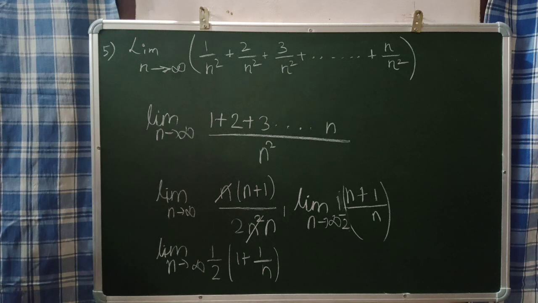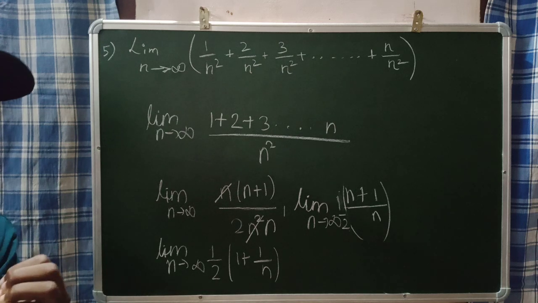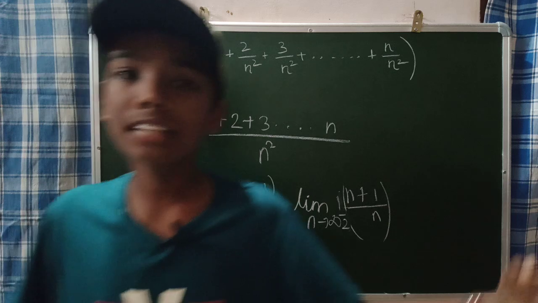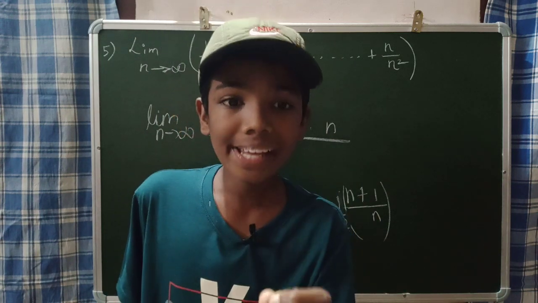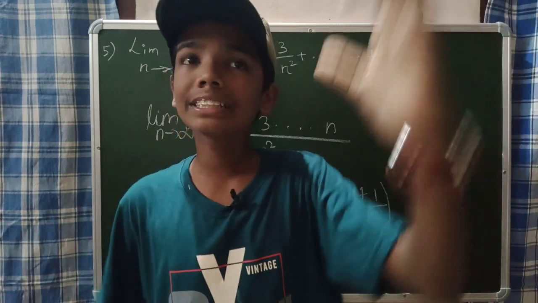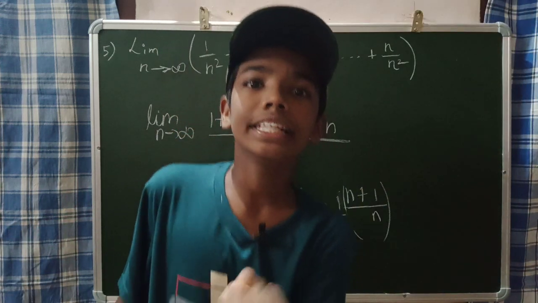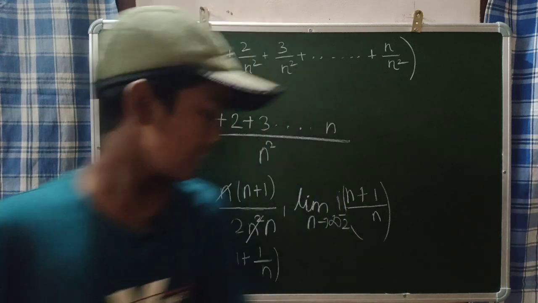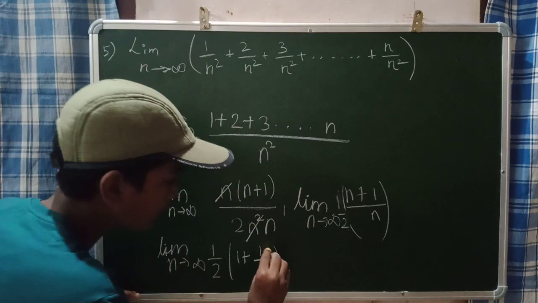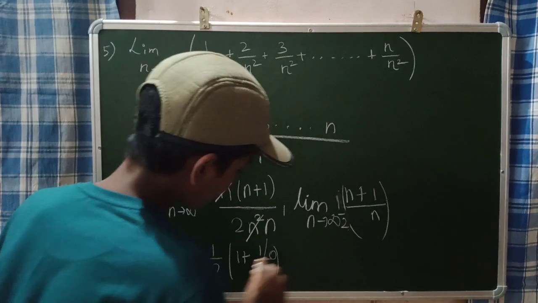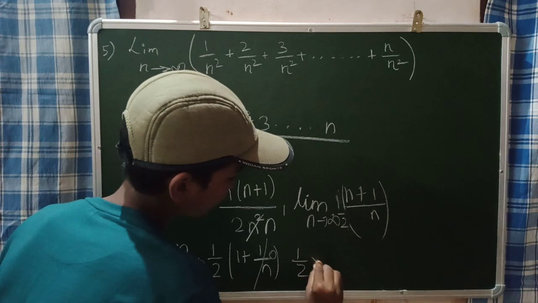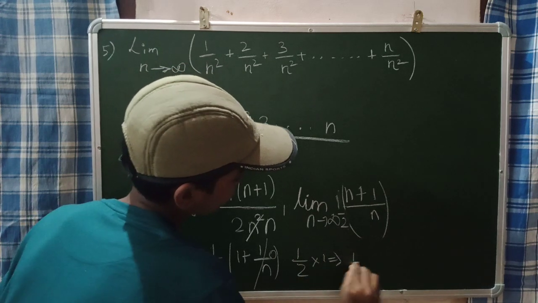Just put n as infinity. So 1 plus 1 by infinity. What is 1 by infinity? 1 by infinity is nothing but 0, because 1 divided by such a large number will be 0, right? So this 1 by n is 0. Now this will be nothing but half into 1. So half into 1 is nothing but half, and that's the answer for this question.